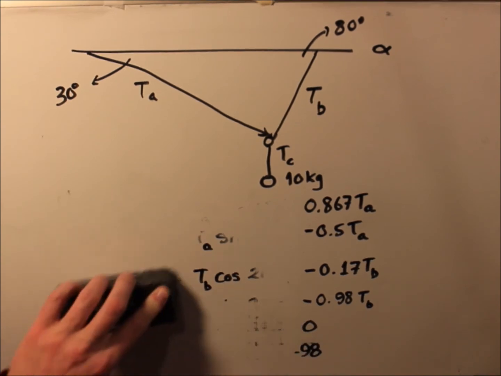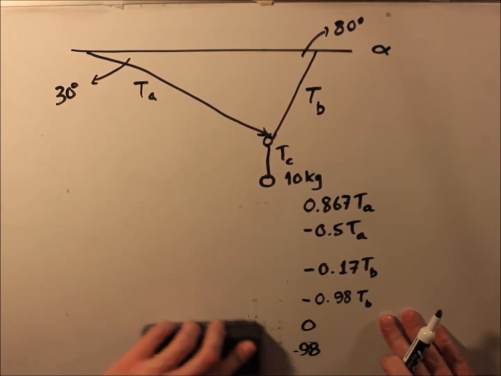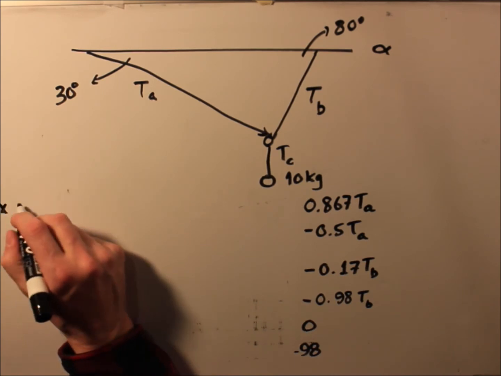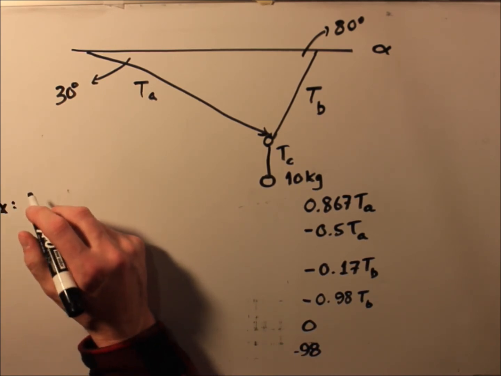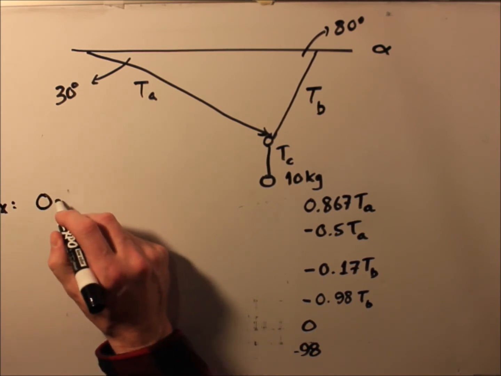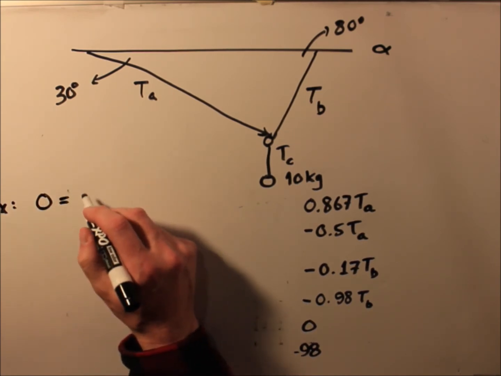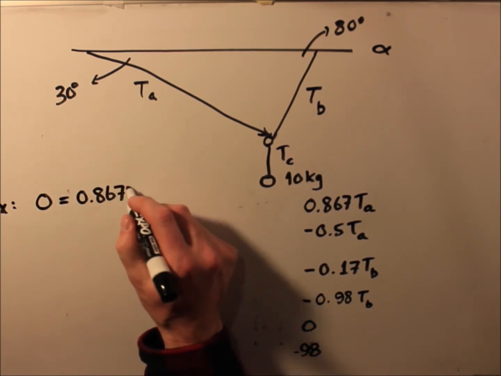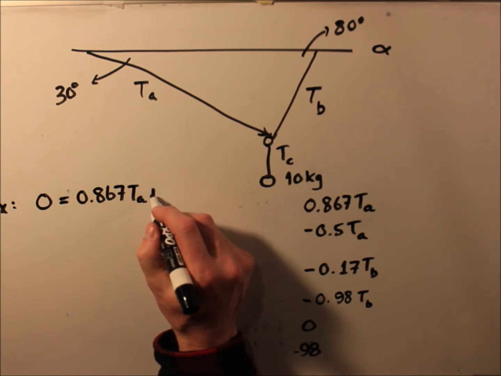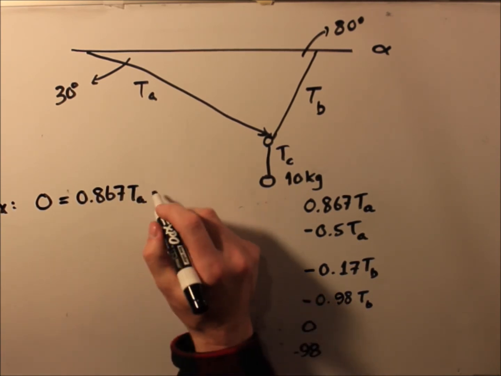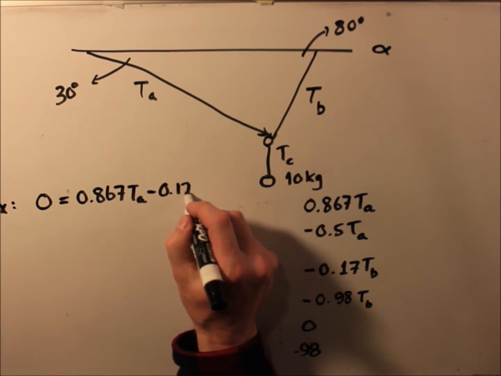So in x, we have T sub C, which is 0, equals 0.867 Ta minus 0.17 Tb.